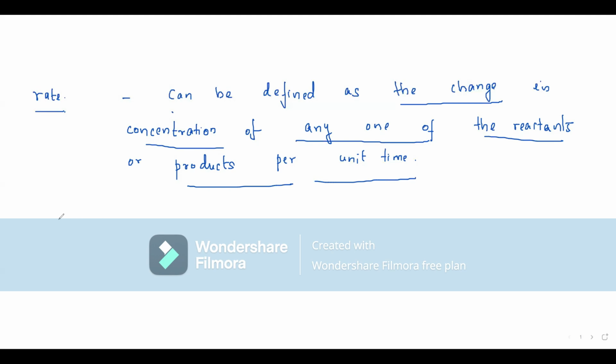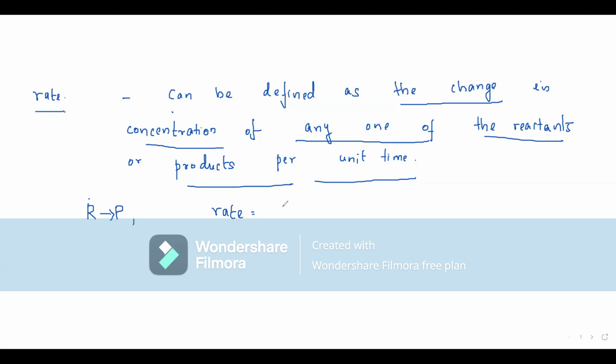So, if you consider a hypothetical reaction, R gets converted to P. I used R to indicate a reactant and P to indicate the product. Now, rate of this reaction is the change in concentration of any one of the reactants. So, there is this reactant R. Suppose initially I have taken R1 and after some time there remains R2.